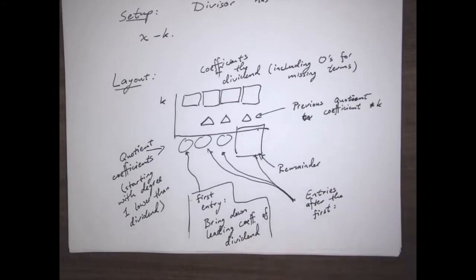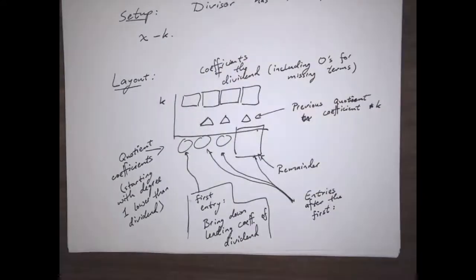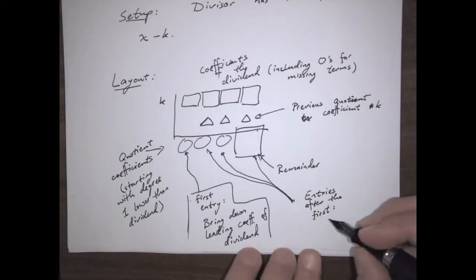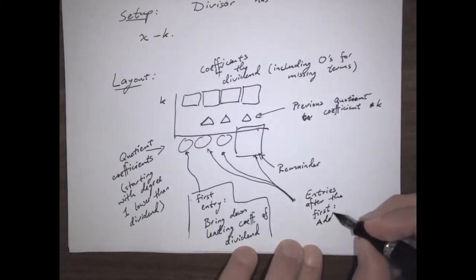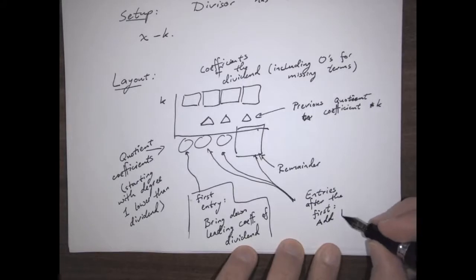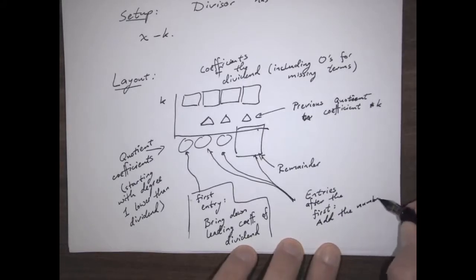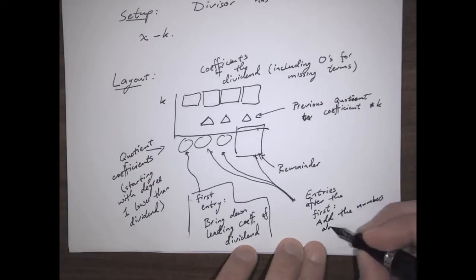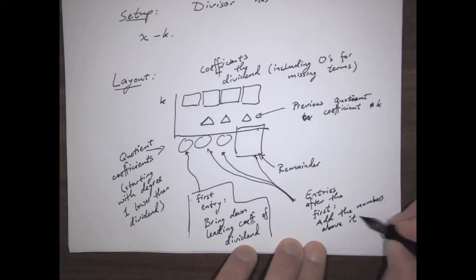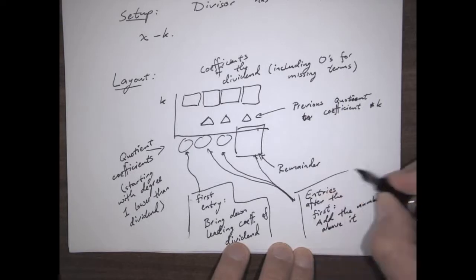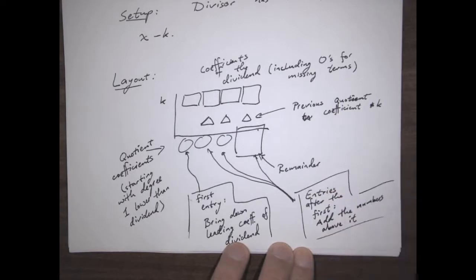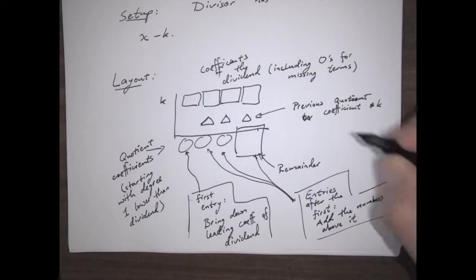The way you make those is you just add the square plus the triangle. Add the numbers above it. Okay.